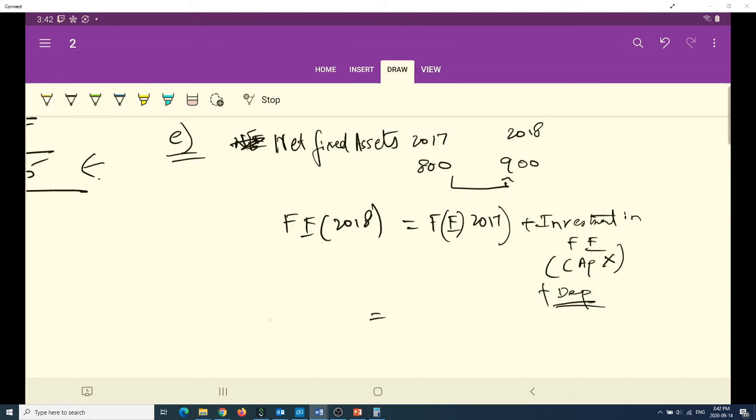So this was 2018, this was 900, and this was 800. This capex is what we are asked to find out, and plus depreciation. Wait, I'm getting confused with the sign now.